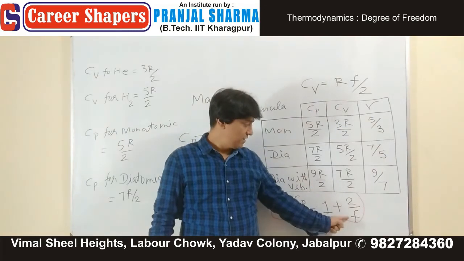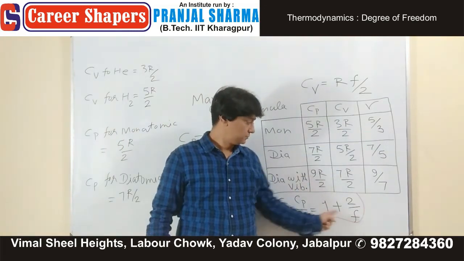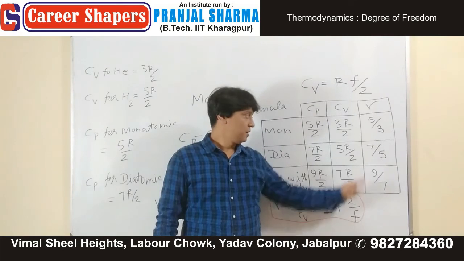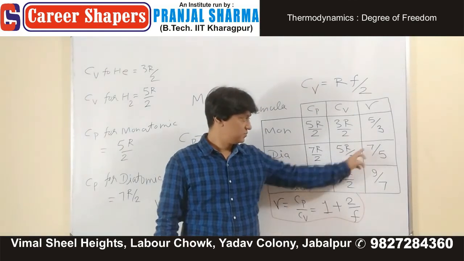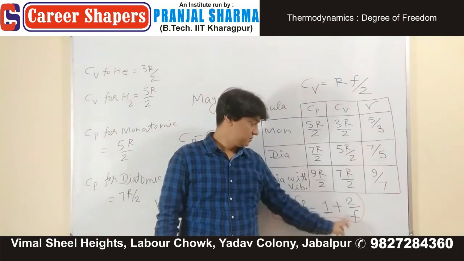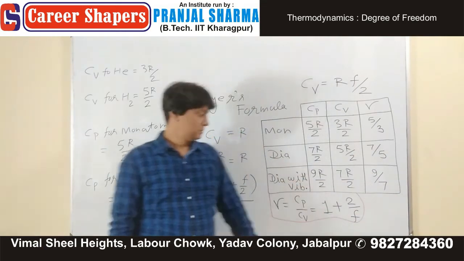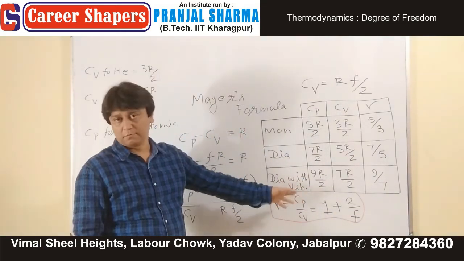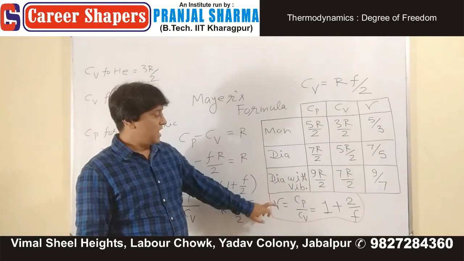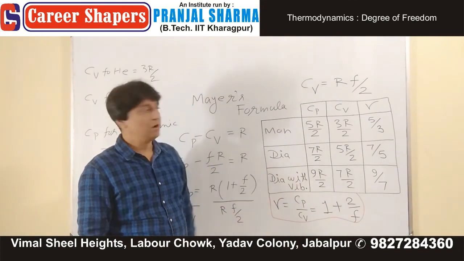F is 3: 5 by 3. F is 5: 7 by 5. F is 7: 9 by 7. So this is the formula for adiabatic gas constant and degree of freedom.